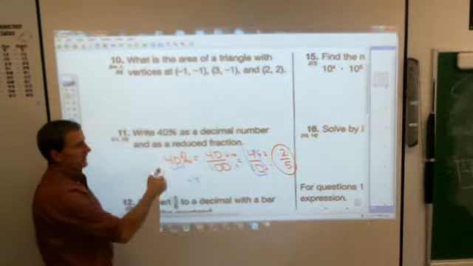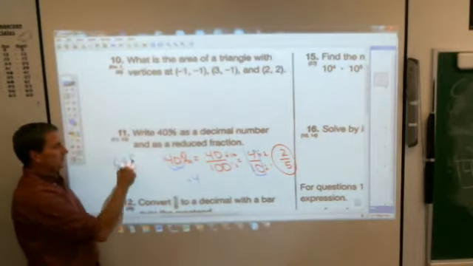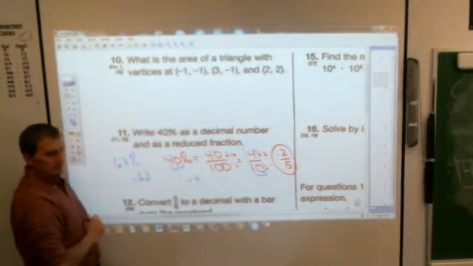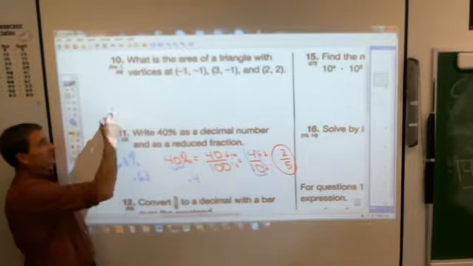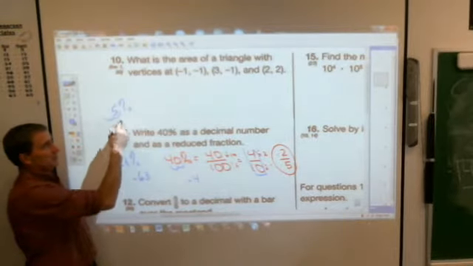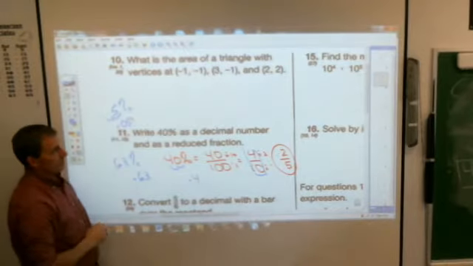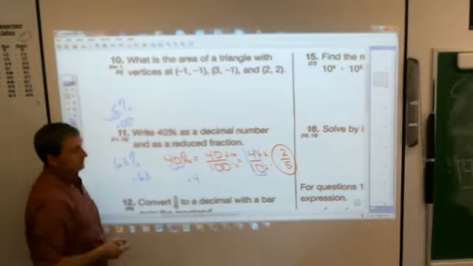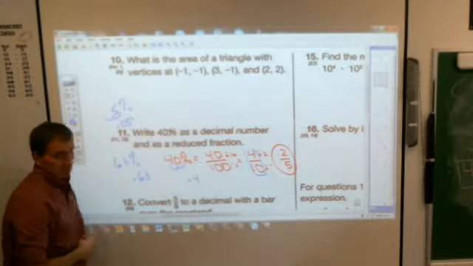You just start here, come back. 63% as a decimal is 0.63. You just move the decimal back 2 places. 5% as a decimal, if you move it back 2 places, is 0.05. It's not 0.5 because that's 50%. 0.05. Does that help?